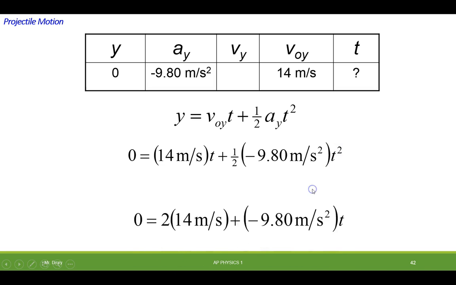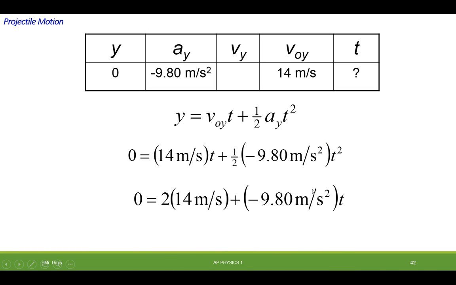We could divide everything through by t and solve for t. And t actually has two answers. This equation would work like normal algebra, I guess, as 2.9 seconds when you solve it. But it would also work if the time was 0, which makes sense because that's where it was initially kicked.